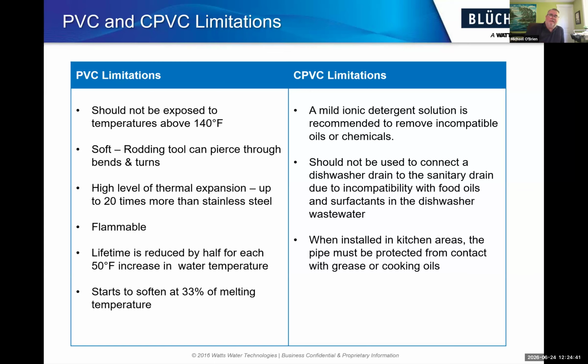What happens with PVC above those temperatures is it starts to get soft. So if you're using a rotting tool, and it's been exposed to these high temperatures, you can start piercing through the bends and the turns, trying to clear an obstruction. There's a great deal of thermal expansion. So it expands quite a bit when exposed to those higher temperatures.